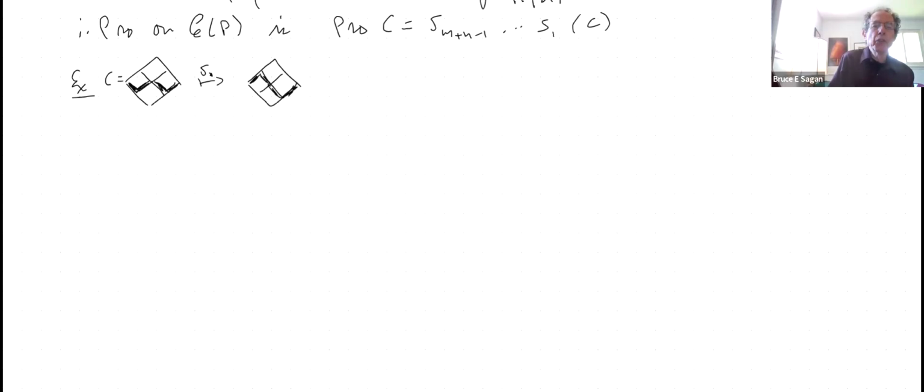Now I apply S2. These two steps are both down, so what's going to happen? Nothing. If I switch two down steps, it's still two down steps. They're just the same. Now I apply S3.